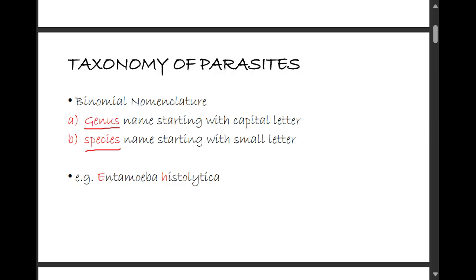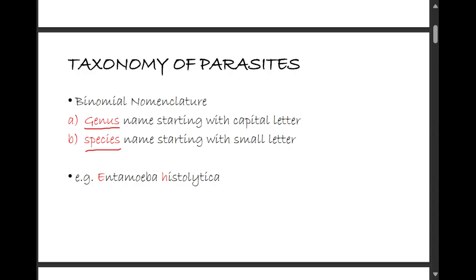For example, we have Entamoeba histolytica. You'll find that the genus name starts with capital letter E, then the species name starts with the small letter h. That is what the binomial nomenclature is all about.